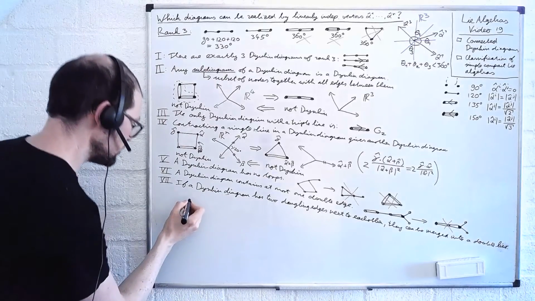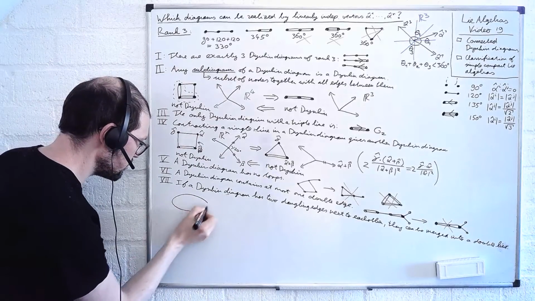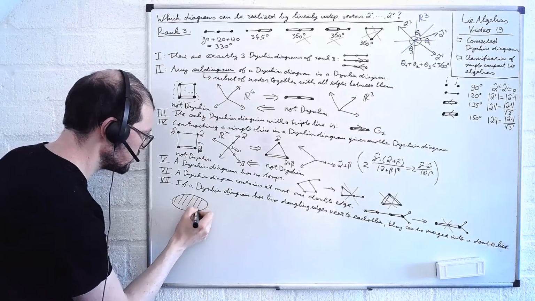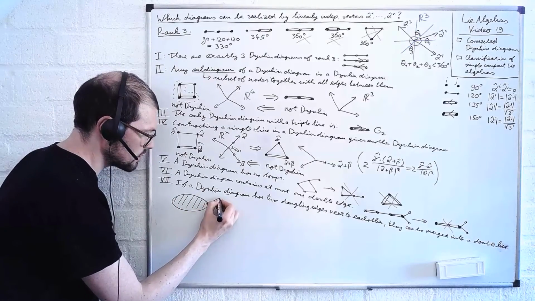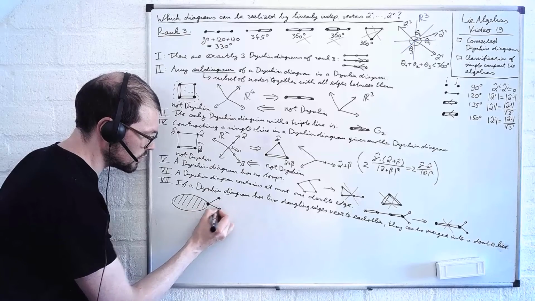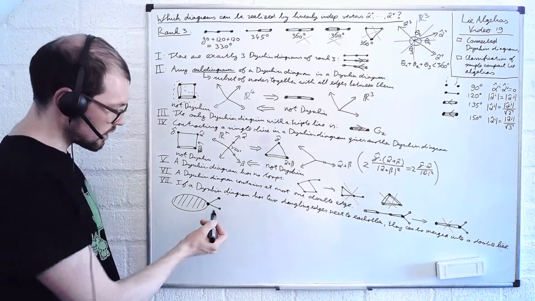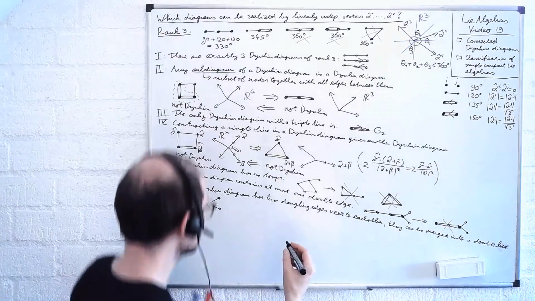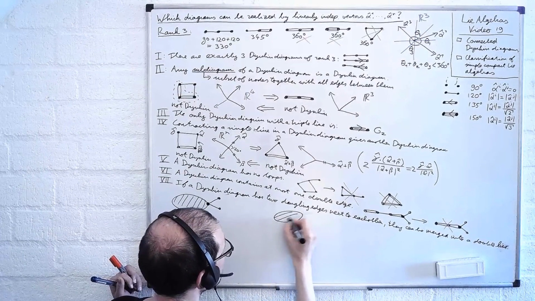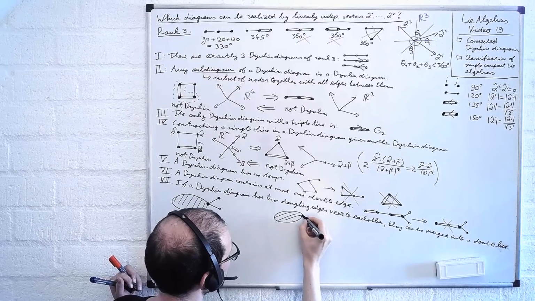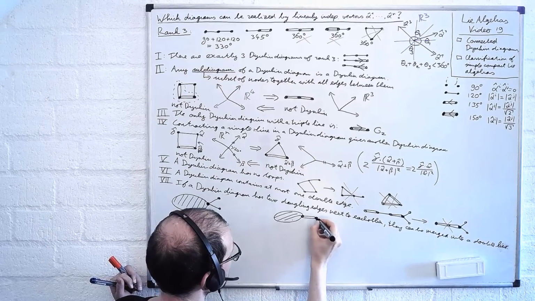What do I mean by this? If I have an arbitrary diagram like this, which has some vertex, some node, on which there are two of these dangling single lines, then what I do is I replace it by a double line like this.